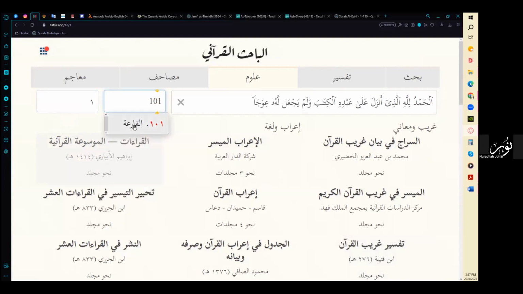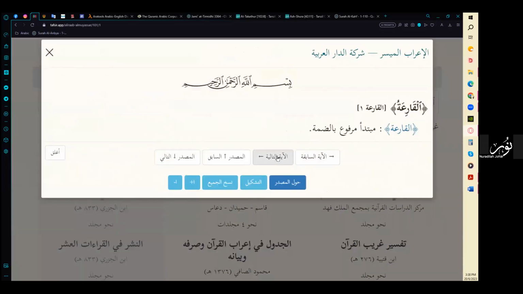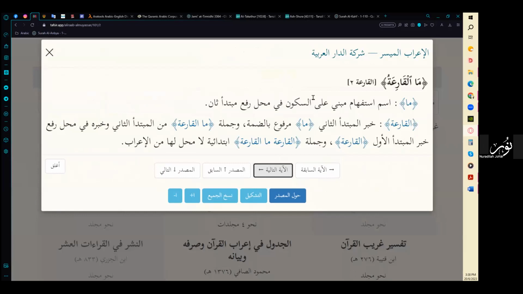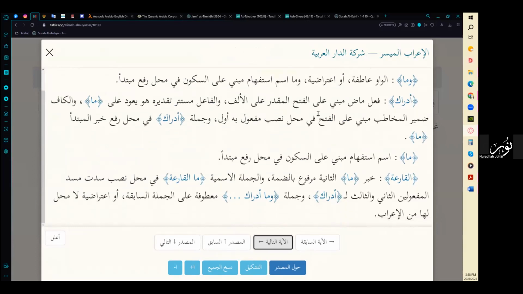So if adra is one of those that can take 3 maf'uls, it's saying that what will give you a clue that something is something. You get it? So that's what it's saying.